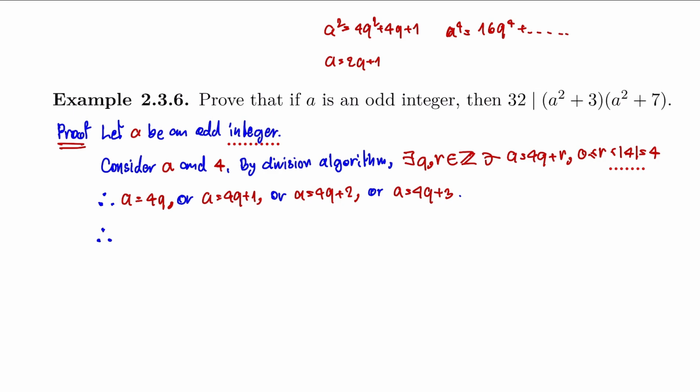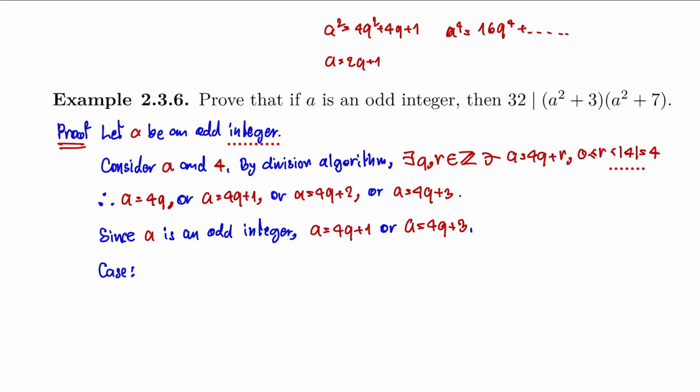Since a is an odd integer, the possible forms of a are a equal to 4q plus 1, or a equal to 4q plus 3. And then we split into two cases. So let's go to the first case.